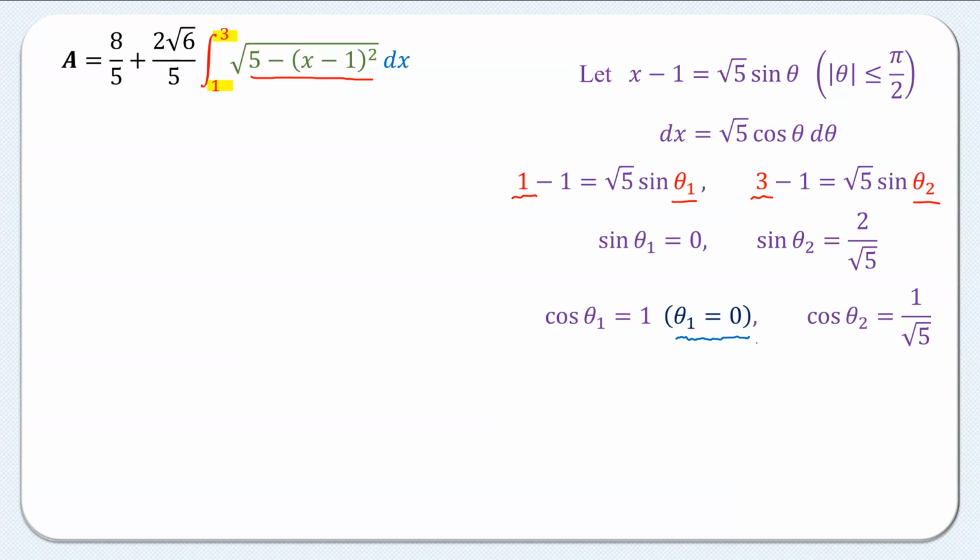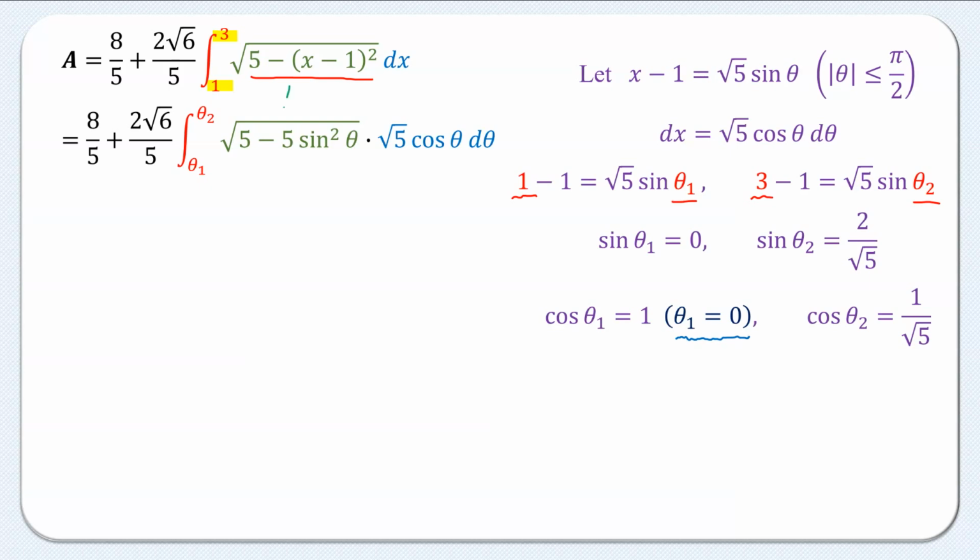So with these set up, the square root of 5 minus (x minus 1) squared becomes square root of 5 minus 5 sine squared theta, and dx becomes square root of 5 cosine theta d theta, and the interval of integration is now from theta 1 to theta 2. If we simplify this, we can obtain 8 over 5 plus, now just 2 square root of 6, and trigonometric functions are simplified to just cosine squared theta.